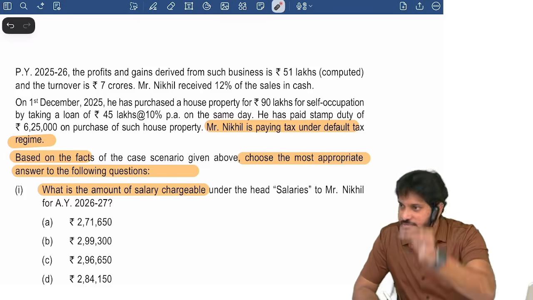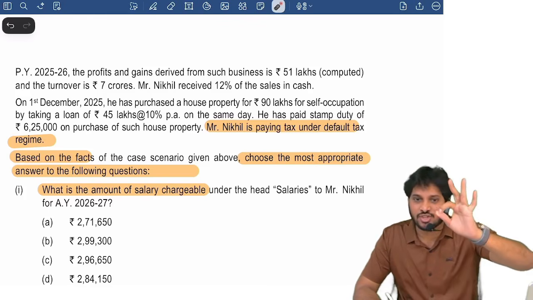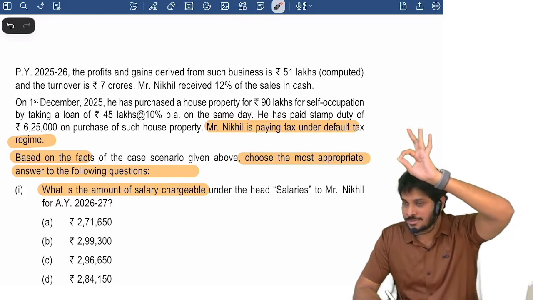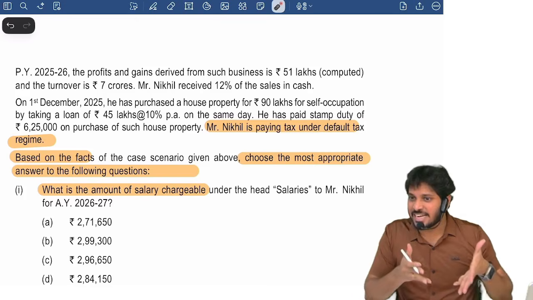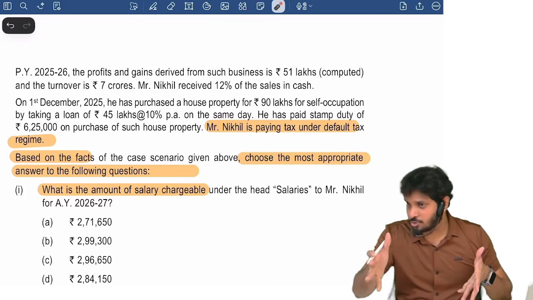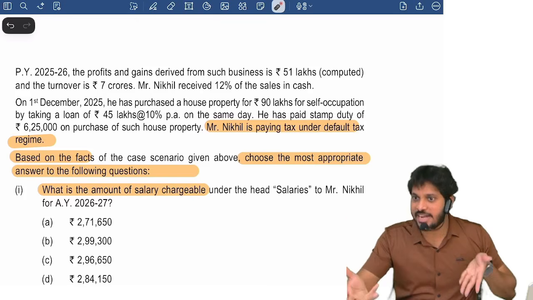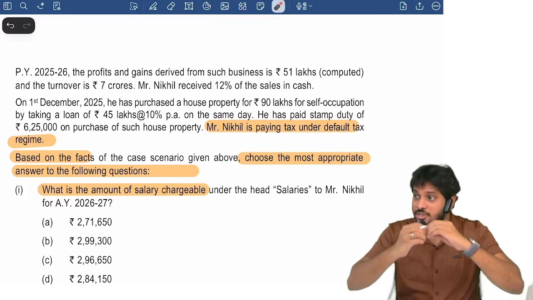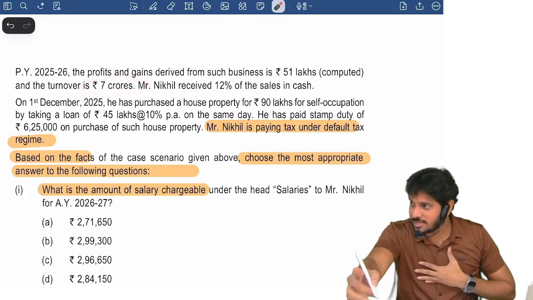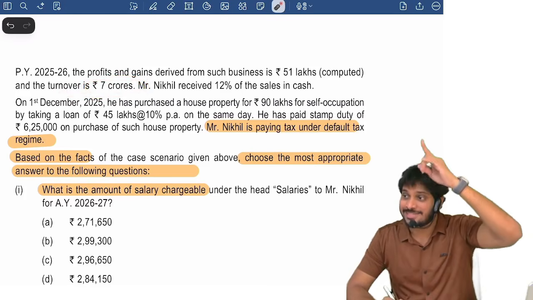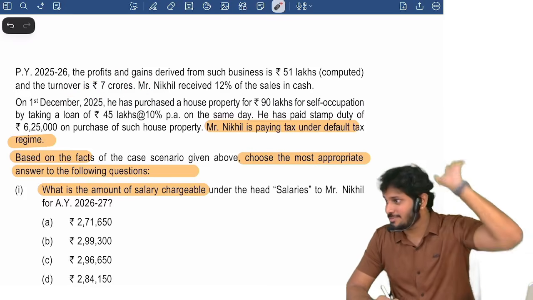If 95% is through approved modes, the tax audit turnover limit will be 10 crore. But here for the assessee it is less than 95% in approved modes. So 12% in cash means obviously only 88% is in approved mode. Therefore, the 10 crore limit of tax audit does not apply. The 1 crore limit is applicable and his turnover is already 7 crore. Therefore, he is liable for tax audit. Therefore, he is eligible for 80JJAA.